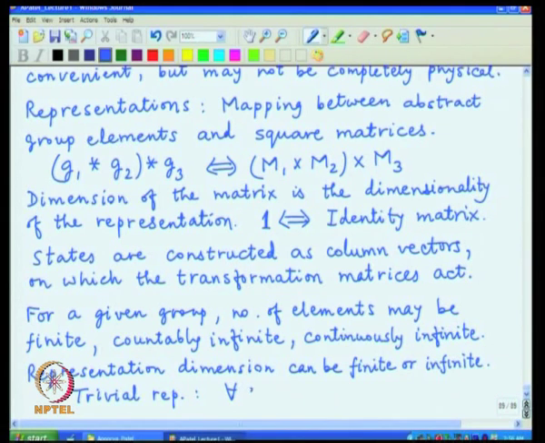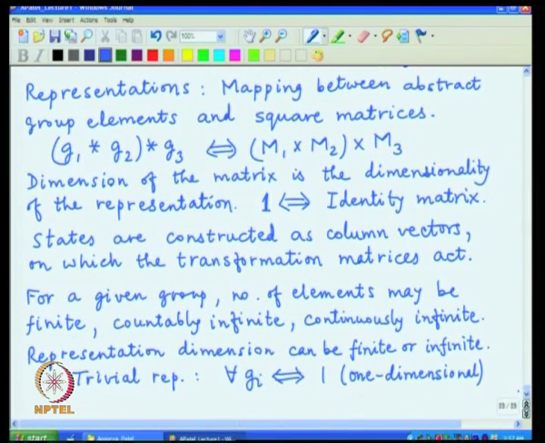where all the group elements G_i, the corresponding element is just 1. It will trivially obey all the composition rules, and so the properties are all satisfied, but nothing much happens in terms of its physical content, and sometimes this is also referred to as a one dimensional trivial representation of the group.